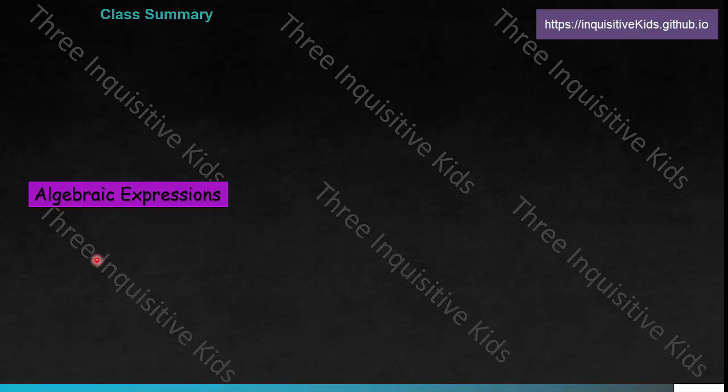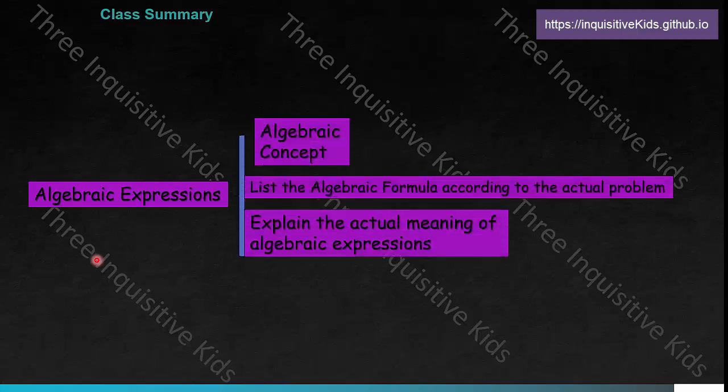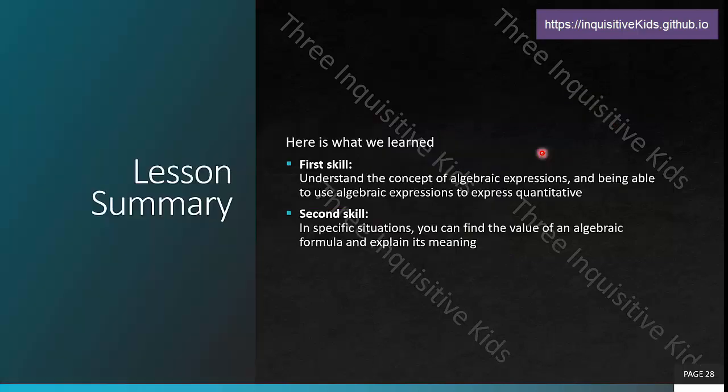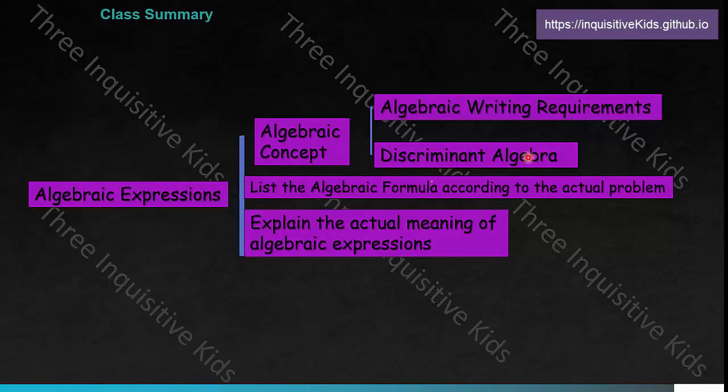So, we learned about algebraic expressions, and it splits into three sections. First, there's algebraic concept, and then there's listing the algebraic formula according to the actual problem, and then explaining the actual meaning of algebraic expressions. So, the algebraic concepts were algebraic writing requirements and discriminant algebra. And this is a whole map out of our lesson summary.